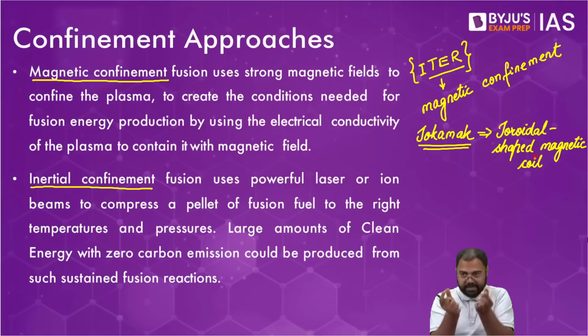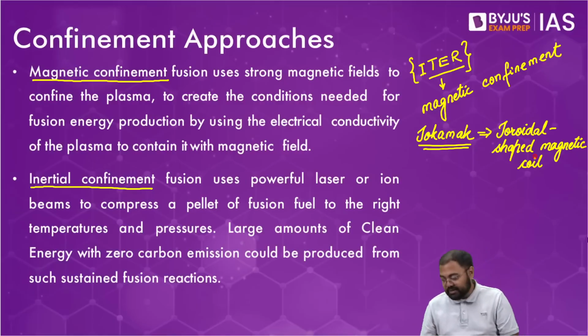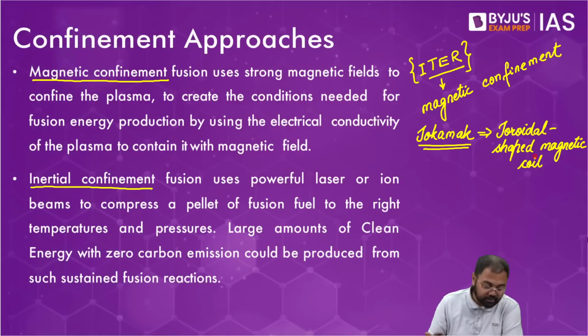In that shape we have a magnetic field, and that magnetic field tries to confine the charged particles or nuclear particles inside it. The nuclear particles inside will be confined with the help of this toroidal shaped magnetic field, and there we try to make it happen.